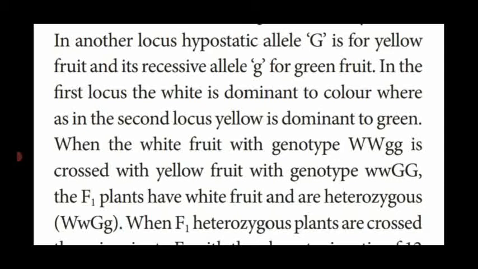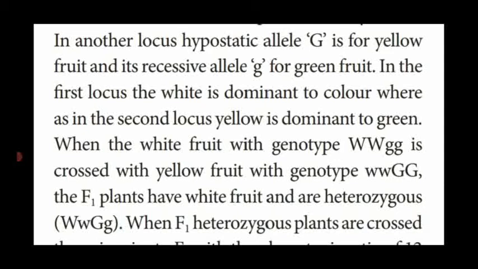See, now we are comparing two different genes of different loci with two different pairs of alleles. In the first gene, white color, capital W, is dominant, and the recessive allele, small w, gives colored fruit. Out of these two, dominant allele W is white color, but it suppresses or masks the other colored fruit.